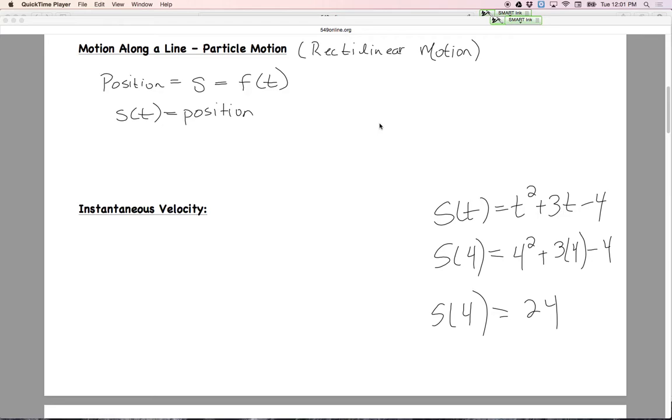Now, the thing that I want to say to you is that in calculus, position does not always have to be positive. In 9th grade physical science and in geometry, they've kind of created this idea that everything's always going to be positive.